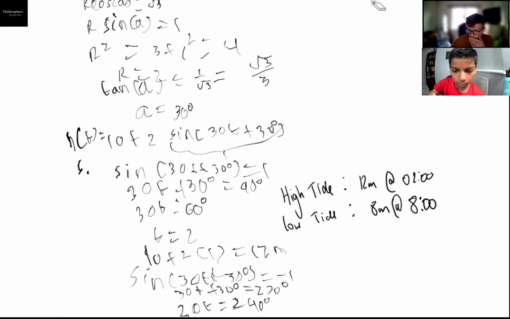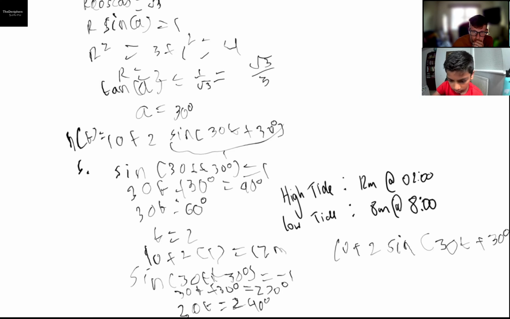So 10 plus 2 sine of 30t plus 30 equals 8.5.